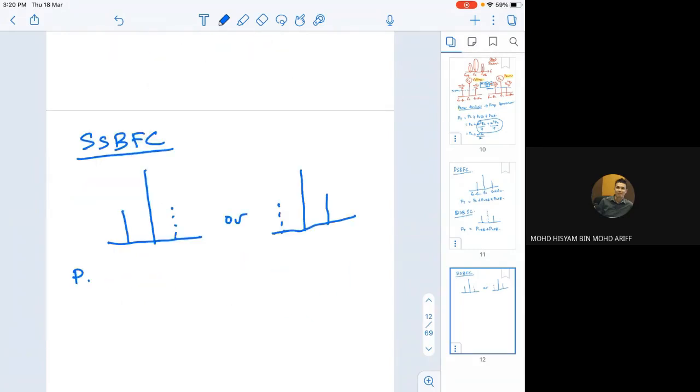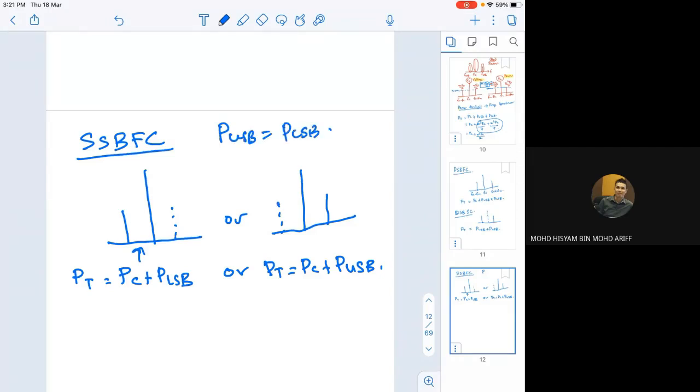The first one, P total equals P carrier plus, in this case, P lower sideband. Or P transmit equals PC plus P upper sideband. Actually, P upper sideband is the same as P lower sideband. That's why you see the height is the same.